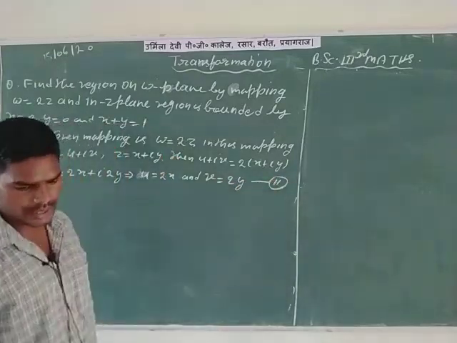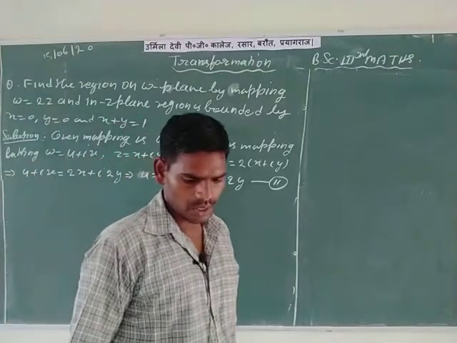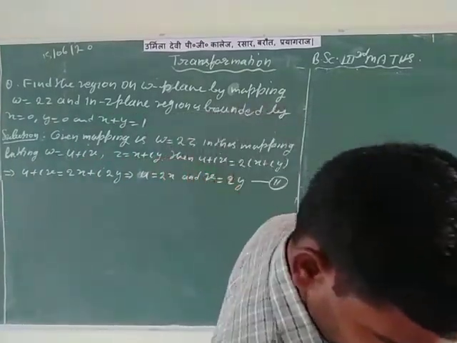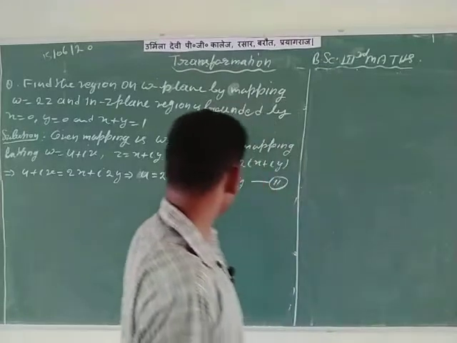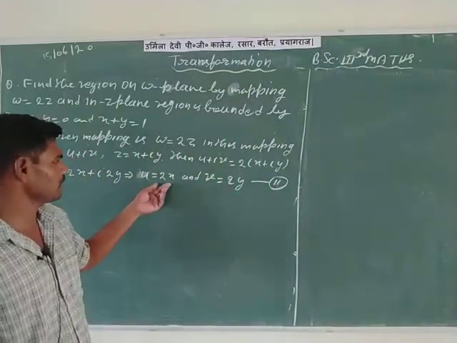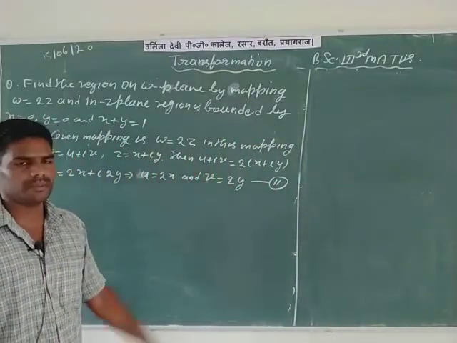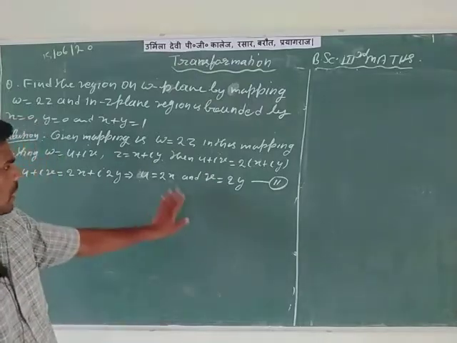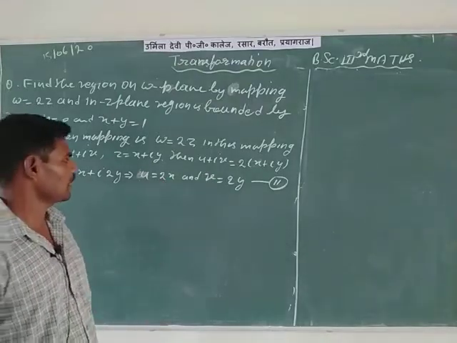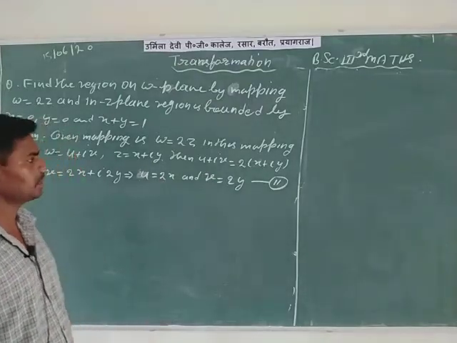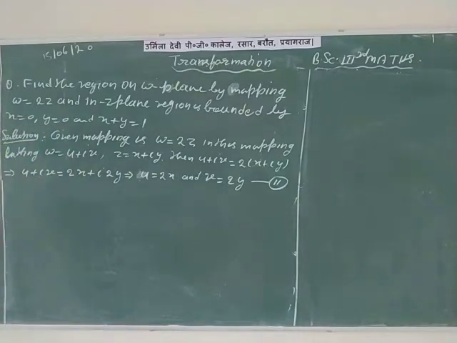In equation second, it is clear that U is equal to 2 times X and V is equal to 2 times Y, meaning the real and imaginary axes are magnified by this mapping.